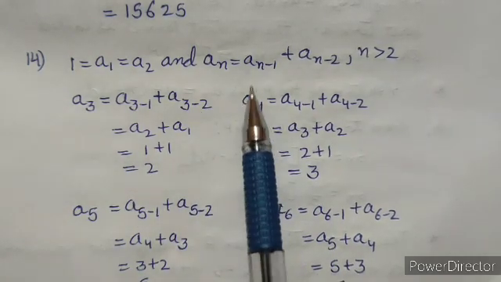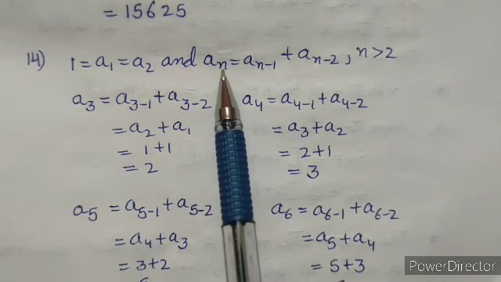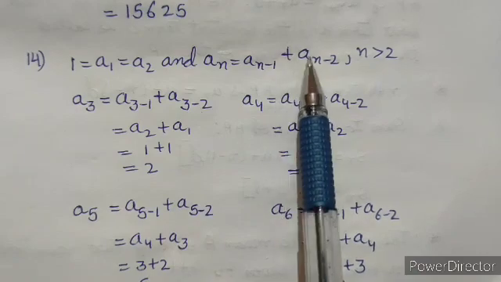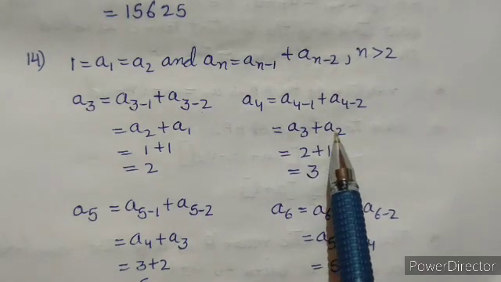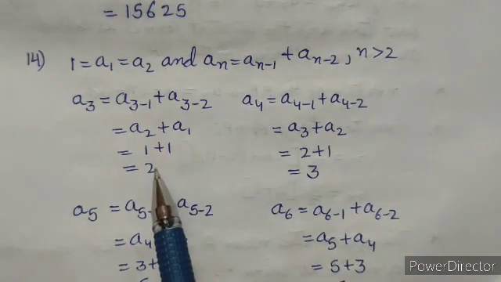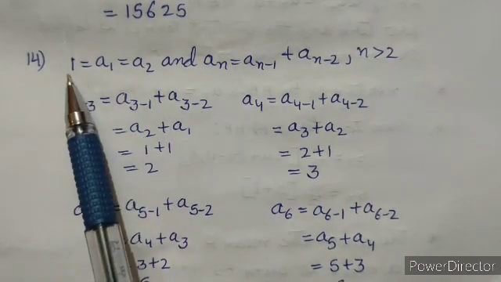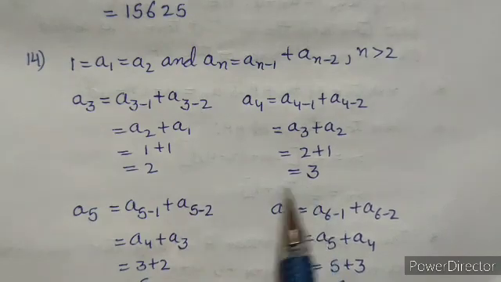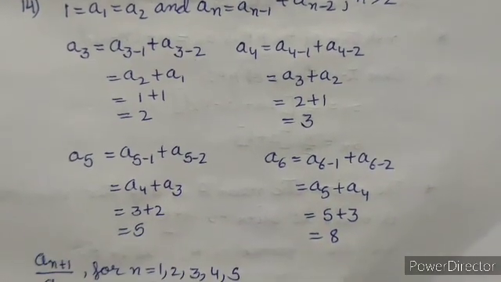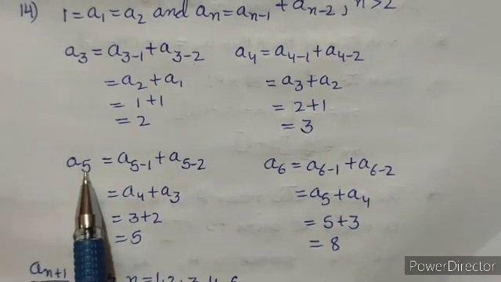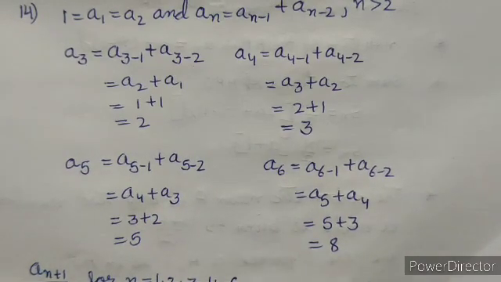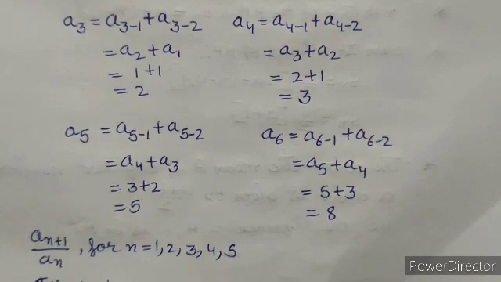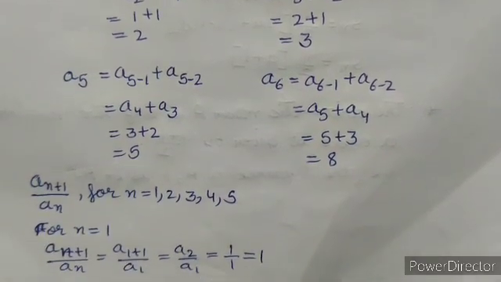Similarly, a4, in place of n we will take 4, will be equal to a4 minus 1 plus a4 minus 2, and that will be equal to a3 plus a2. As we know, a3 was 2 and a2 was equal to 1, so the value of a4 will be equal to 3. Similarly, we can find a5 and a6, and a5 is equal to 5 and a6 is equal to 8.